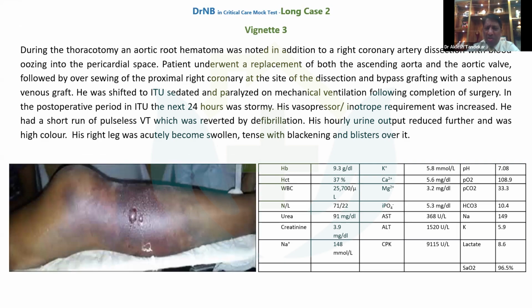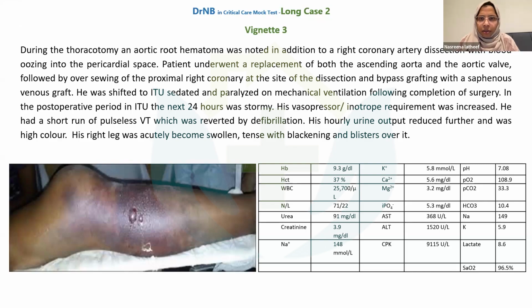The patient underwent replacement of both the ascending aorta and the aortic valve, following oversewing of the proximal right coronary at the site of dissection, and then bypass grafting with a saphenous venous graft was done. The patient was shifted to the ICU, sedated, paralyzed, and on mechanical ventilation.